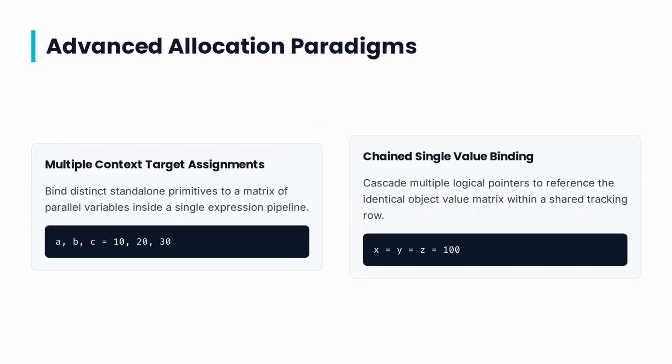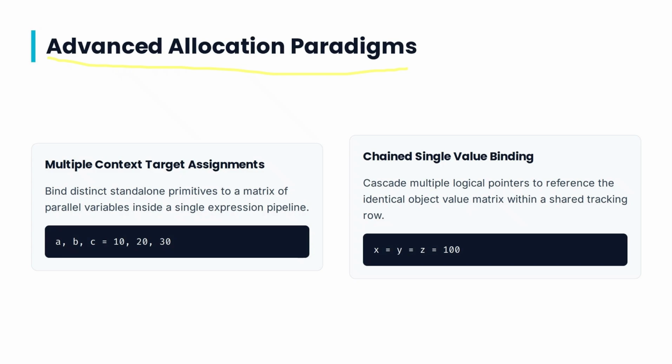Next is advanced allocation: parallelism, multiple target assignments. It is not binding on us to assign a equal to 10, then b equal to 20, again c equal to 30. We can assign all three values to the three variables respectively in a single line, like a, b, c equal to 10, 20, 30.